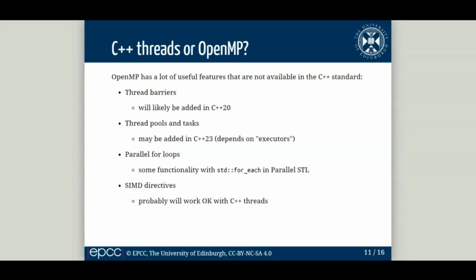When all processes reach that barrier, it works like a kind of synchronization point for all the processes. For threads, we can do that with OpenMP, but with C++ it's not possible or trickier, I would say.